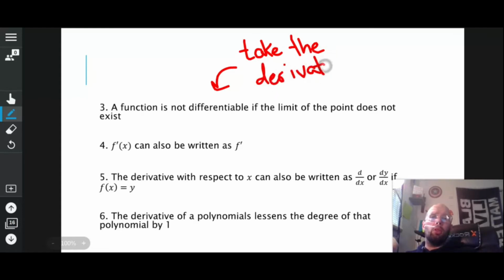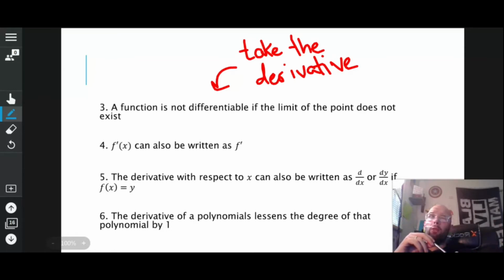If you hear me throw that word out, and again, talking and writing at the same time is certainly not a strength of mine, if you hear me say differentiation or this is differentiable, it just means that I can take the derivative of it. It's the same exact thing.